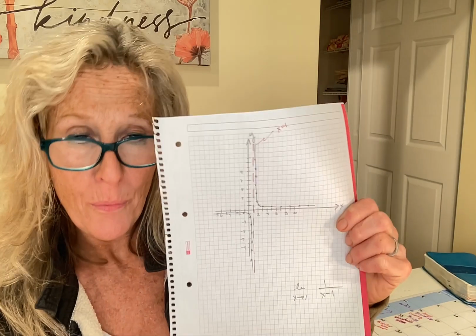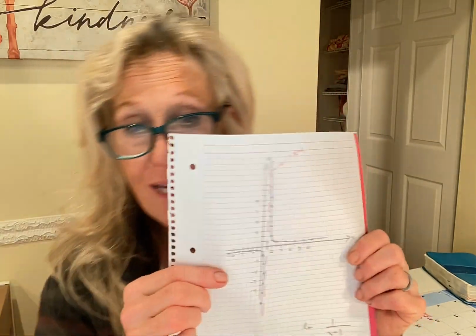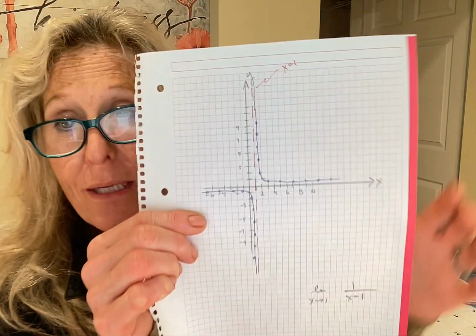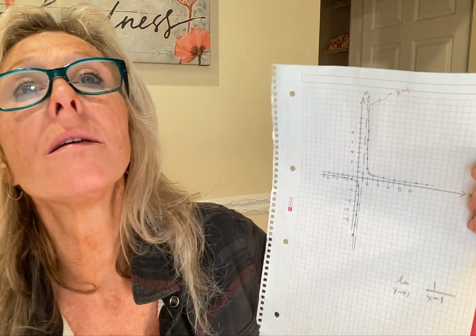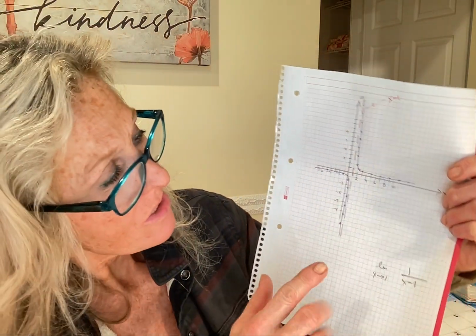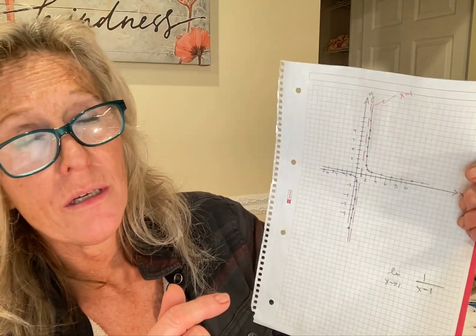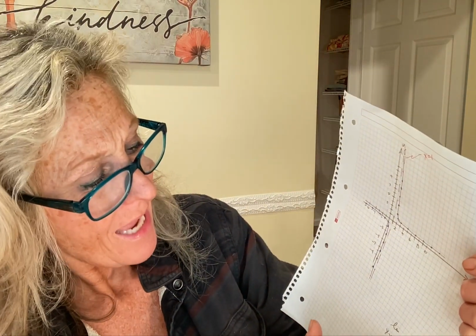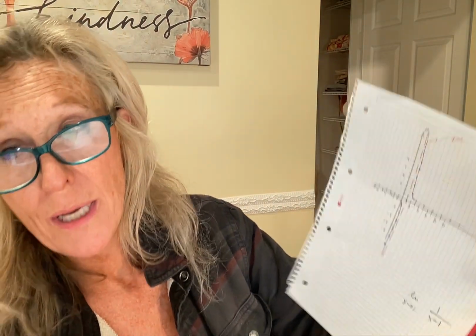And the other way to see that there is no limit is to solve the function as x approaches 1 from both the right and the left.